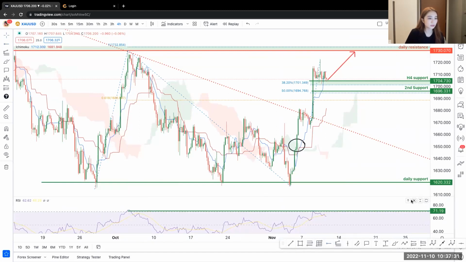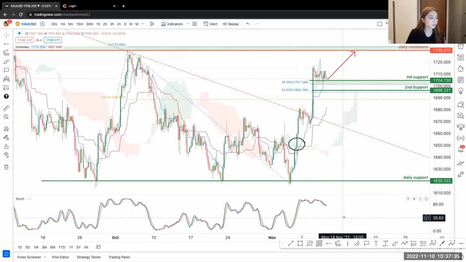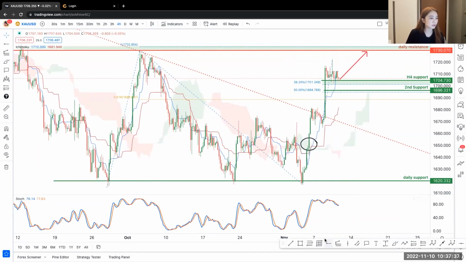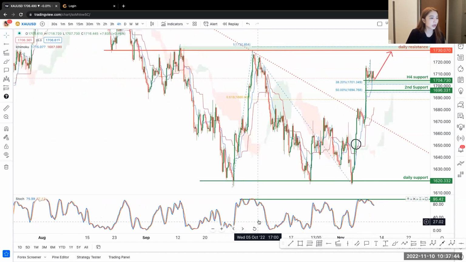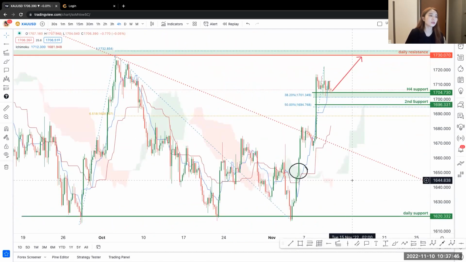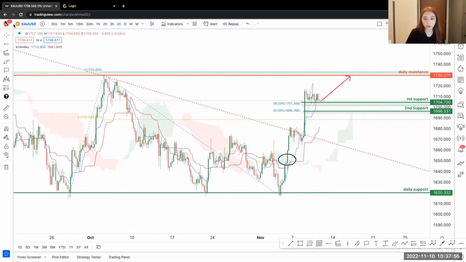That's something to note. Stochastics are also looking quite dangerous. There's a chance the upward movement did exhaust. Depending on what indicators you normally use for gold, do take note of those indicators as well. However, I'm more leaning towards the Ichimoku cloud. All right, this is for gold.